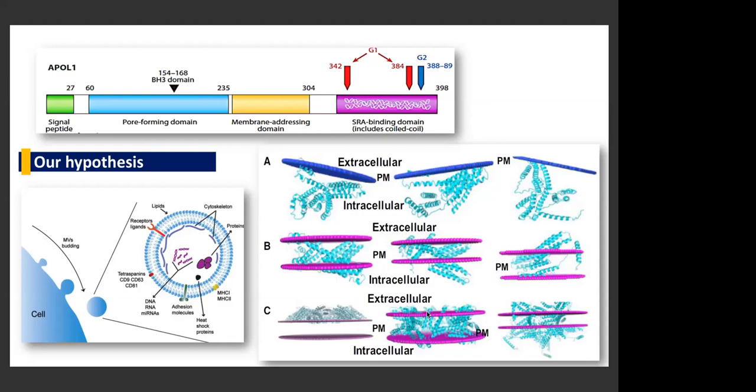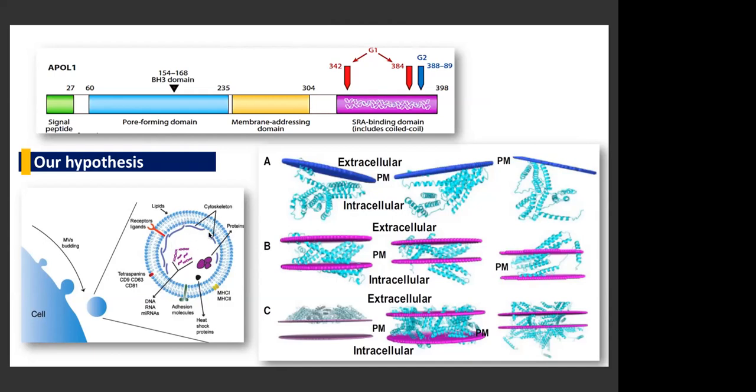We hypothesized that APOL1 is not secreted in the urine independently, but it comes along with microvesicles or other vesicles like exosomes, because it can integrate into the plasma membrane of these molecules.